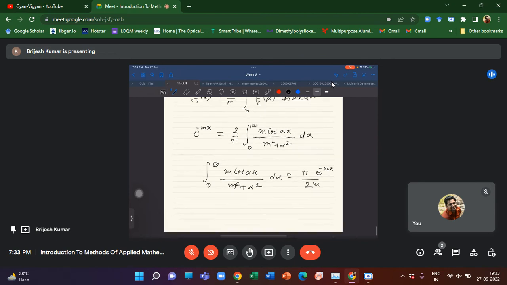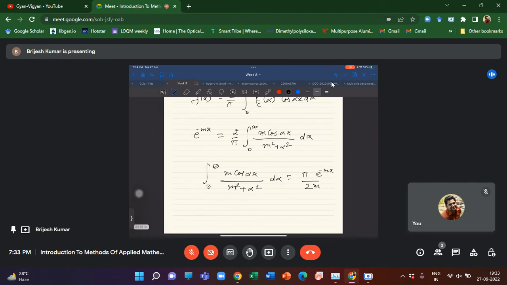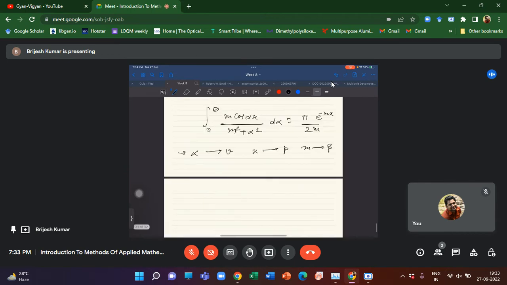Okay, so now if we replace alpha with v, x with p, and m with beta, then we can easily find the integral from 0 to infinity of beta cos v p upon beta square plus v square dv.